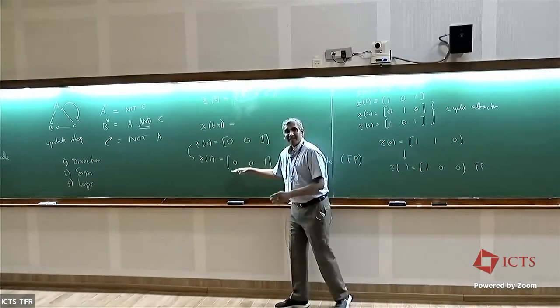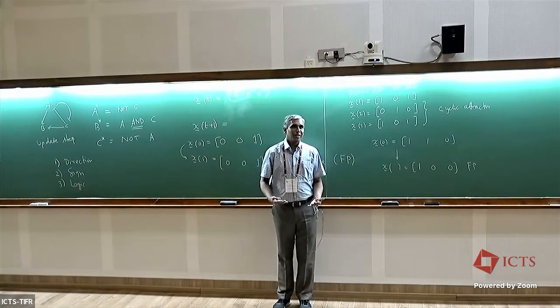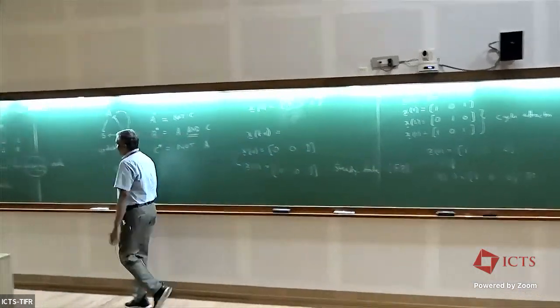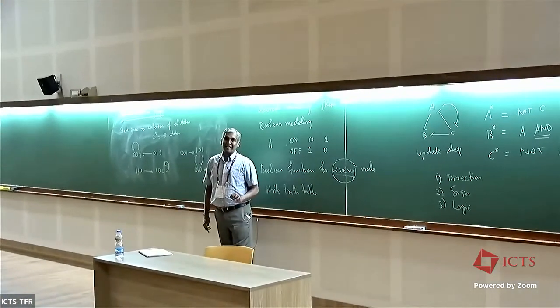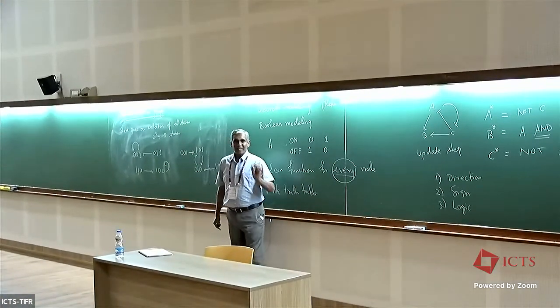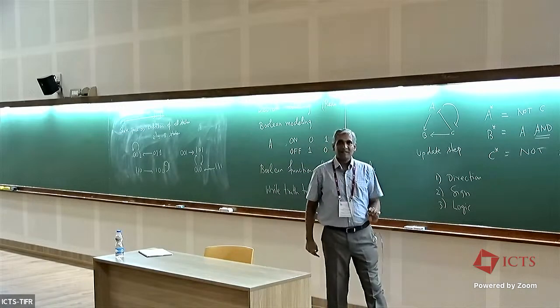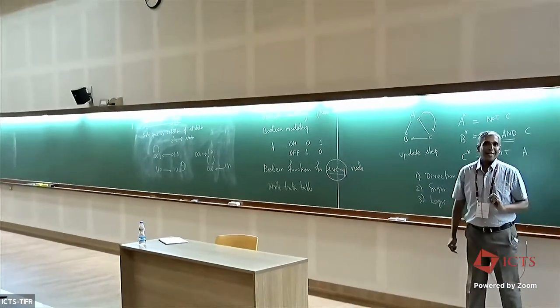When I do a simultaneous update, this question of weakly connected situation will not arise. If there are multiple steady states, the network will always be disconnected. If there's only one steady state, it will be a connected network. Whether it is strongly connected or weakly connected depends upon the dynamics of the transitions.